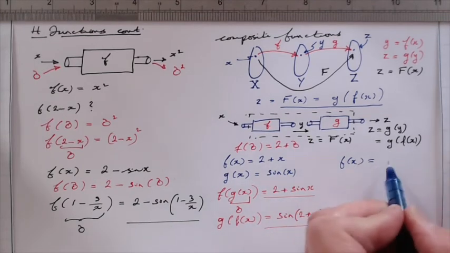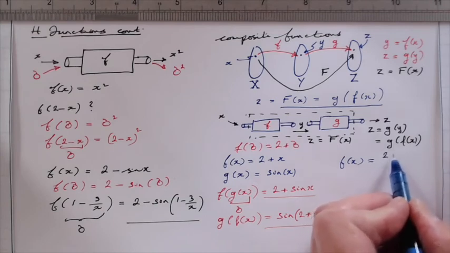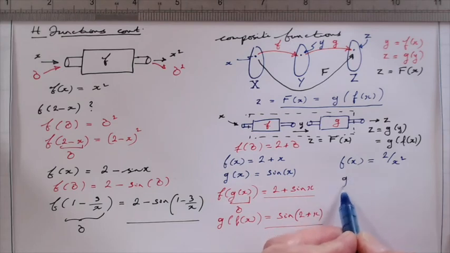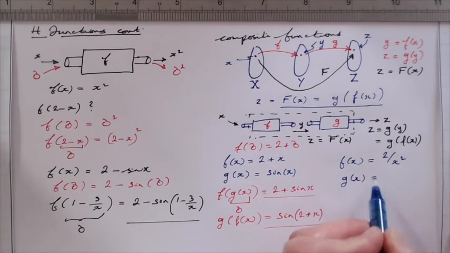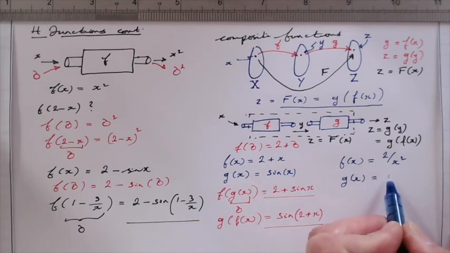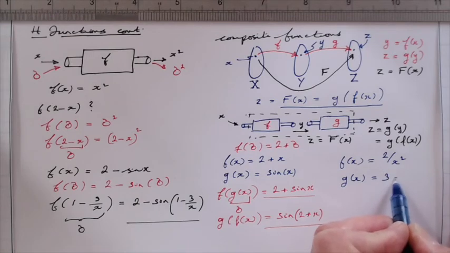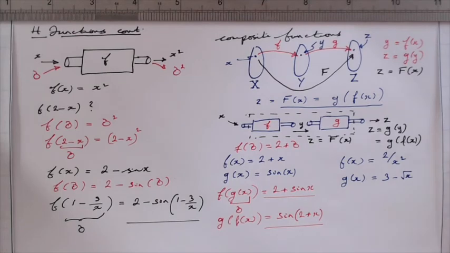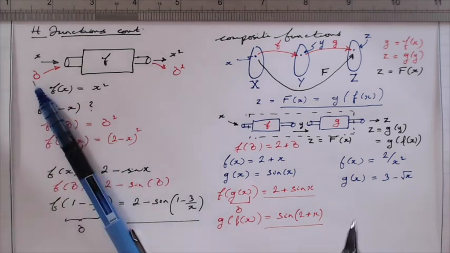Let's say that we have f of x is 2 over x squared. And let's say we have g of x is 3 take away the square root of x. So two rather unlikely functions that we're going to combine here. And let's think about f of g of x.